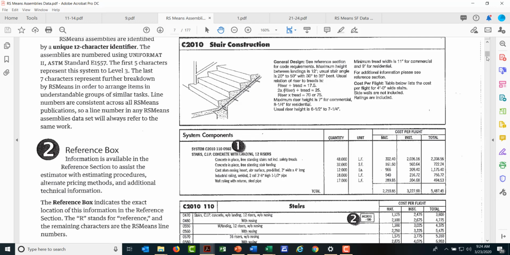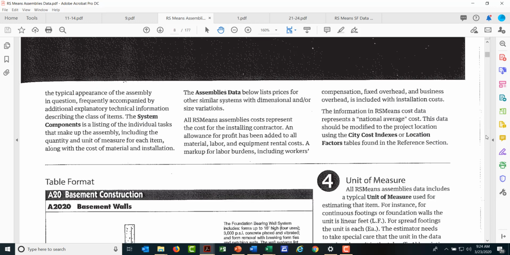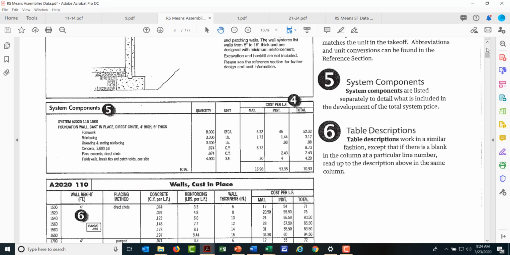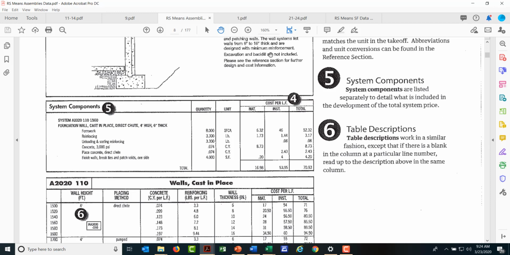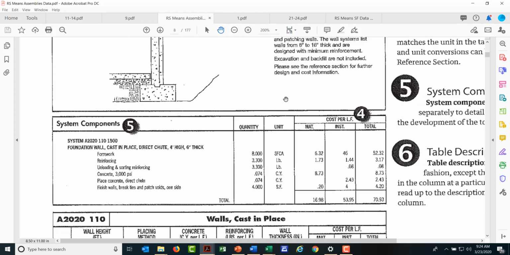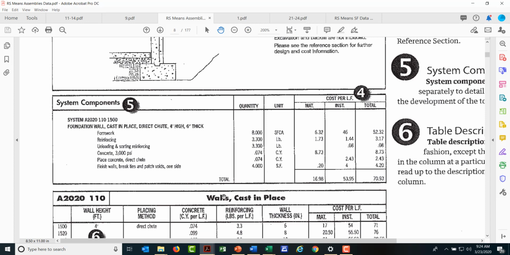So let's say you pick an assembly, and this one happens to be a foundation wall, cast in place.